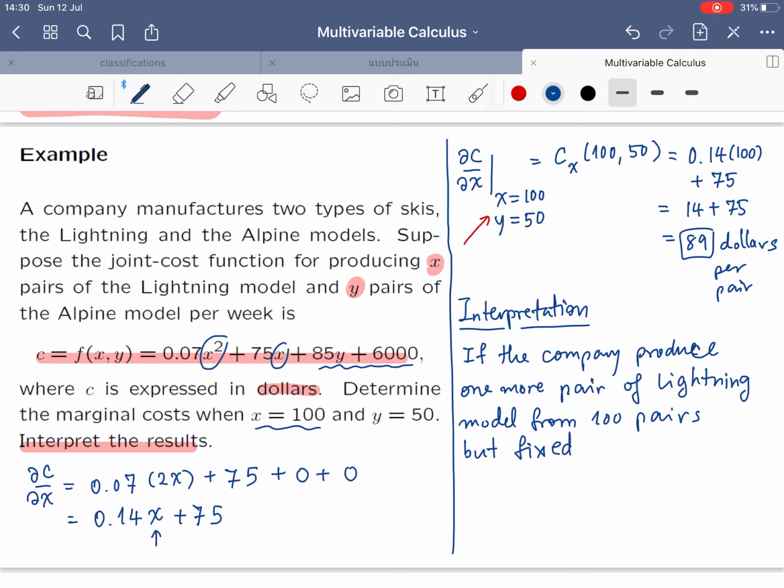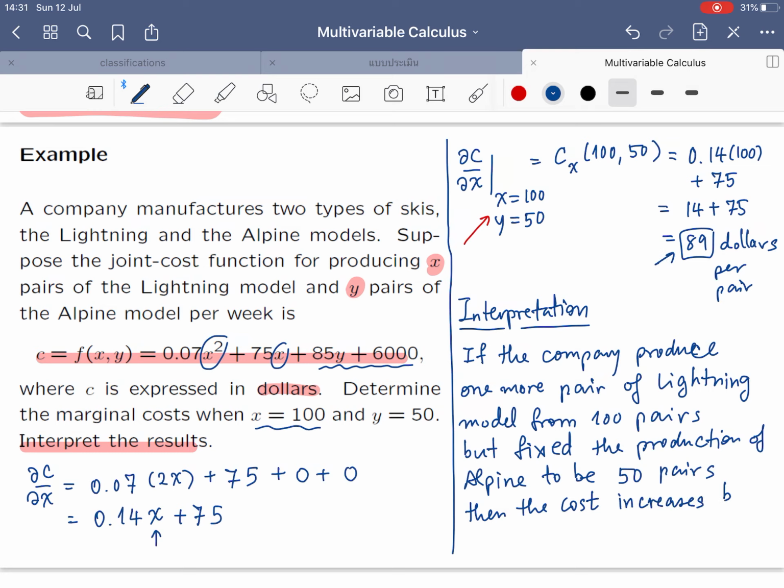the production of the second brand to be 50, then the cost, because this is positive, right, increases by $85.